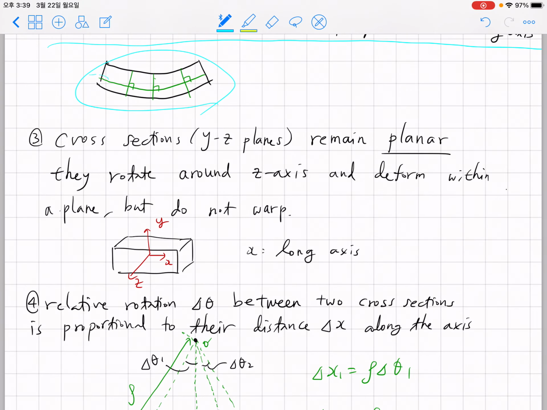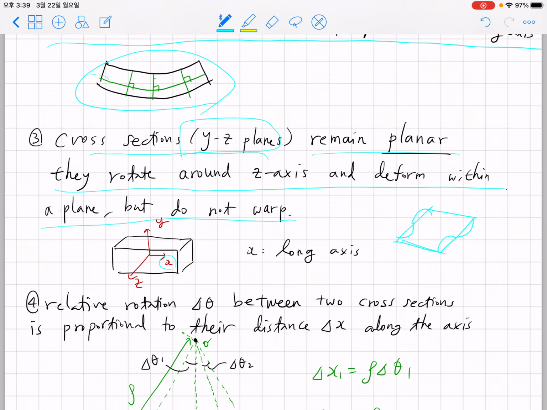Then the third characteristic you have to remember is that cross sections, the y plane, where x is the long axis, remain planar, and they rotate around the z-axis and deform within a plane, but do not warp. Warping means when you have this kind of plane, and if you see something like this, you call that warping.